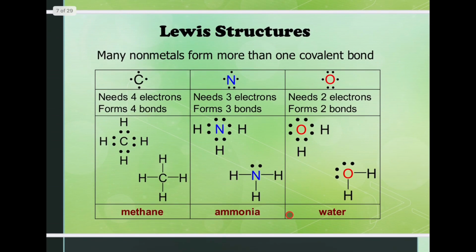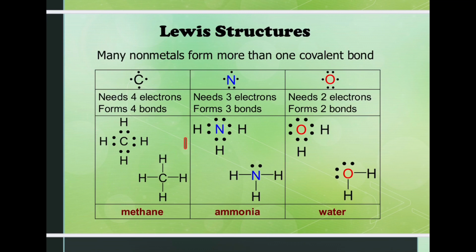Lewis structures: many nonmetals form more than one covalent bond. Look at carbon, it needs 4 electrons to form 4 bonds. Nitrogen needs 3 electrons to form 3 bonds, while oxygen needs 2 electrons to form 2 bonds.